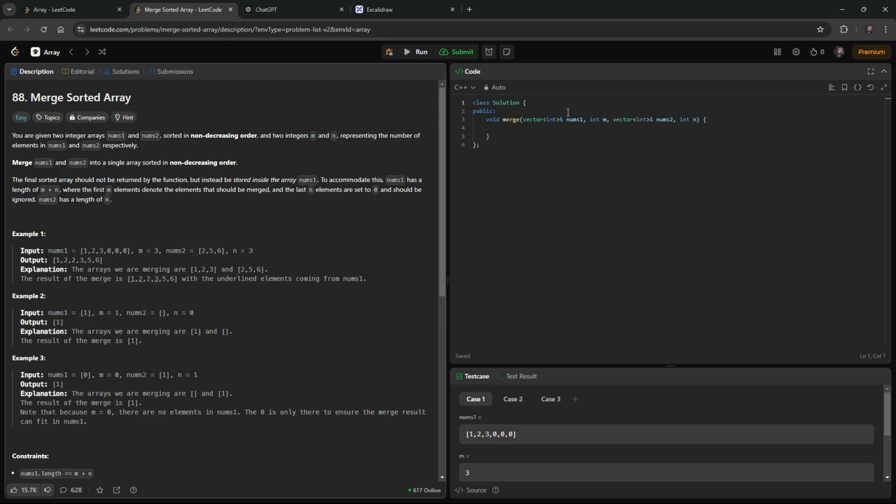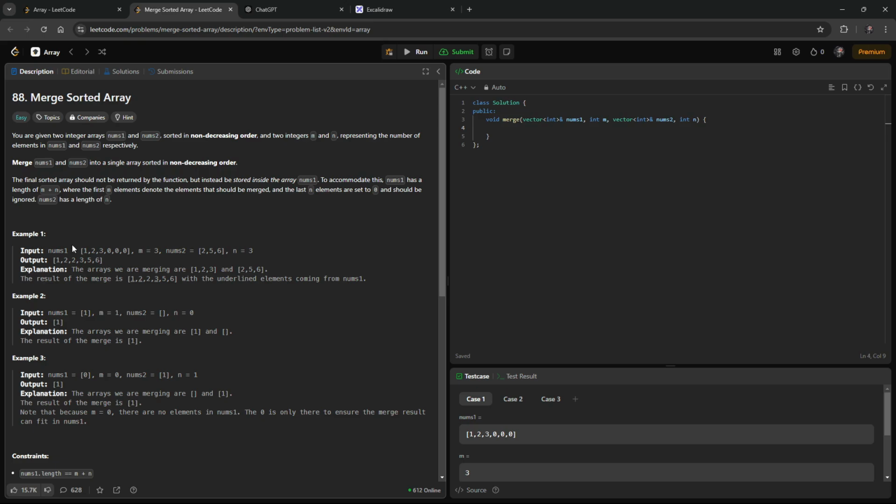I can do this question in two different ways. First of all, I could iterate through each element of nums1 and each element of nums2, check if it is greater than the element present in nums2, then simply replace that element and push this element by one index using the dot insert method.